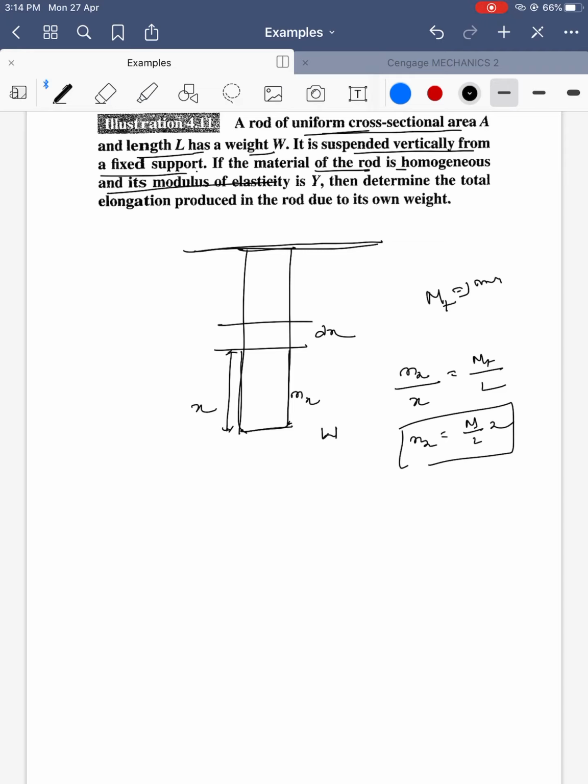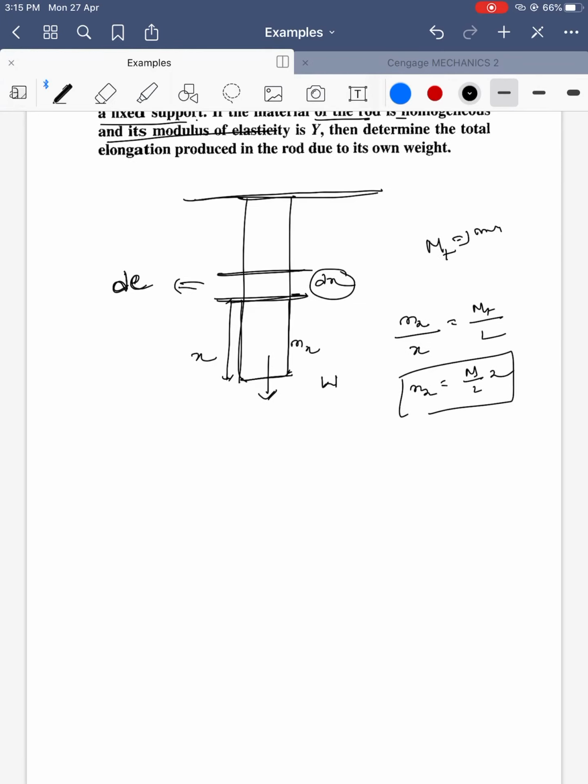Okay, we got the m_x value, and the downward force due to m_x will make the small length dx undergo a small elongation dE. First, dE, the small elongation, is equal to force times length by A into Y. How much is the force acting? m_x g, that is the tension at this point.